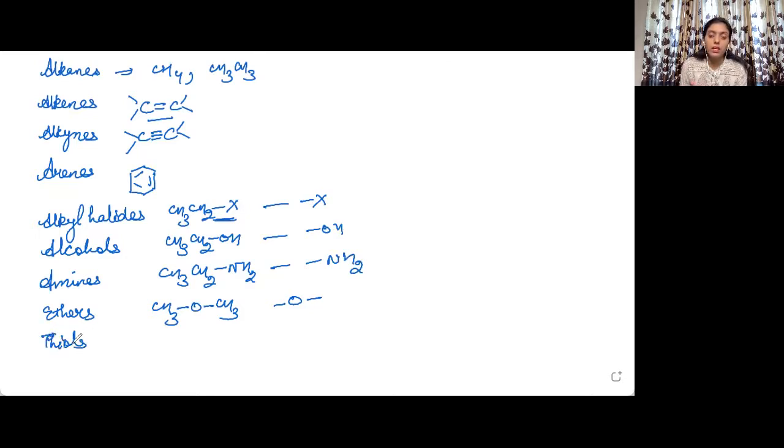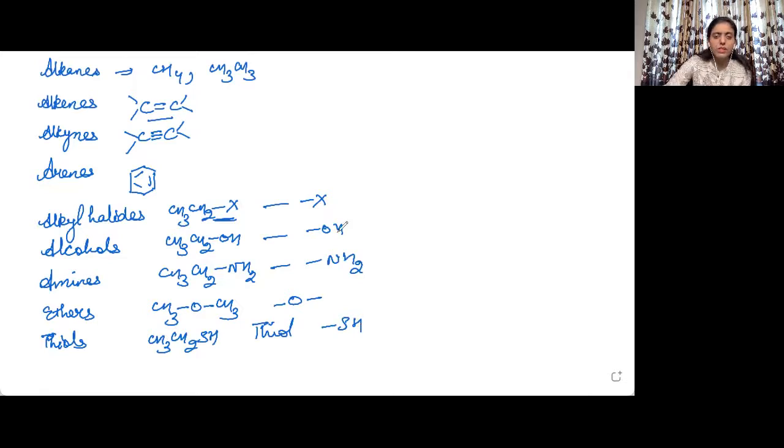Likewise, we can have thiols. Now, alcohols are the compounds having OH as the functional group. In place of oxygen, if there is sulfur, so if I write CH3, CH2, SH, not OH but SH, this is thiol. Here the functional group is SH. Right?